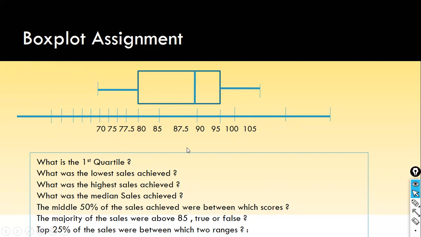So the majority of the values fall in which quarter? This is your 25%, 25%, 25%, 25%. In this 25%, we can see 1, 2, 3, 4. Here also 3, 4, 3. And in this 25%, only 2, and here also 2. So we can see the majority of the values.